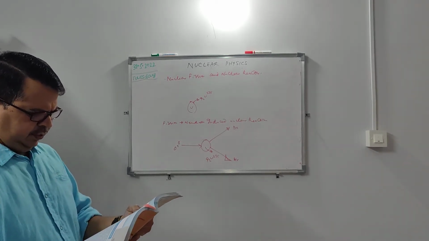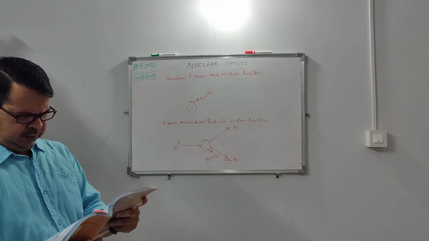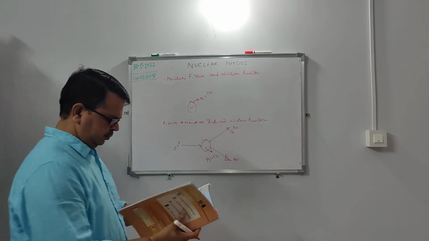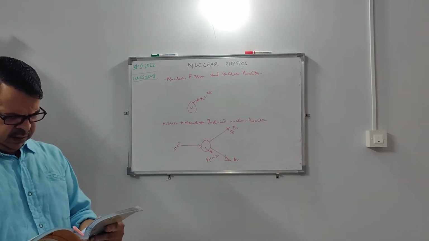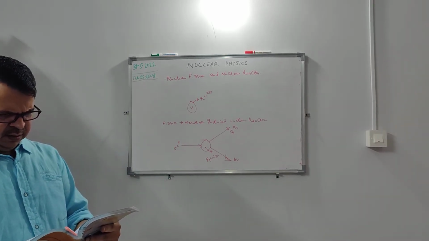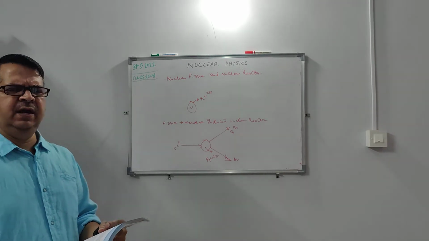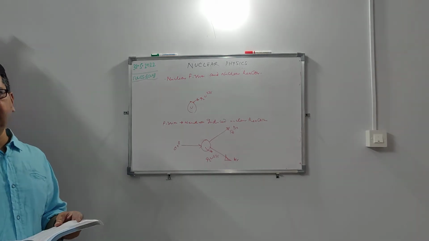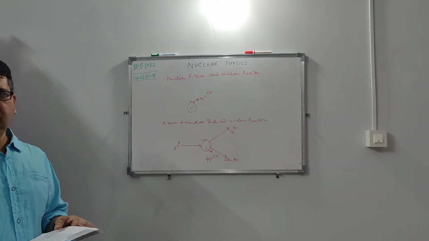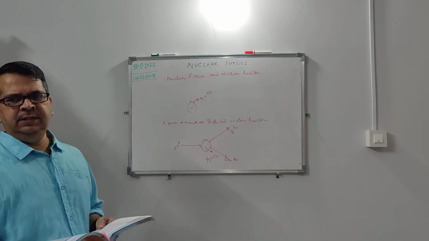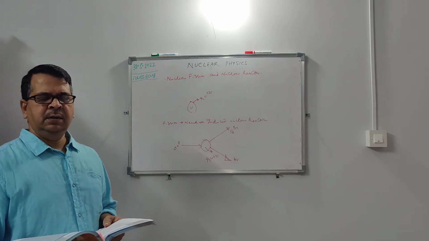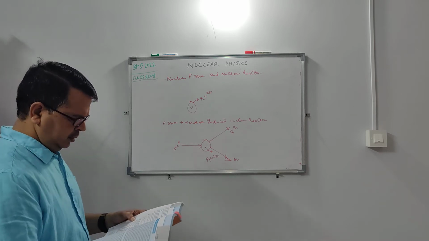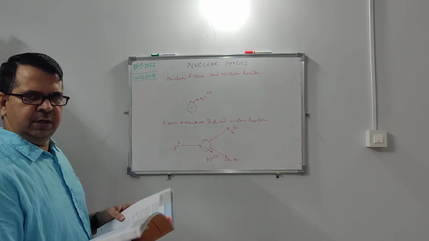So the atomic number of Ba is 56. It is not beryllium, whatever it is, you refer to the periodic table.